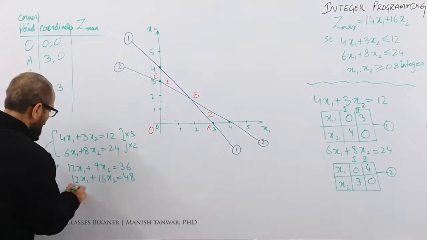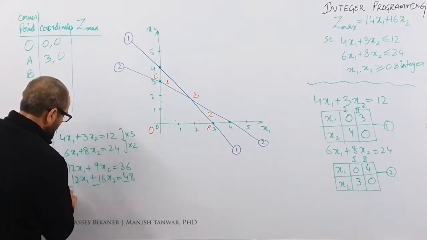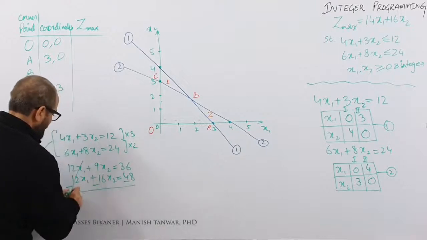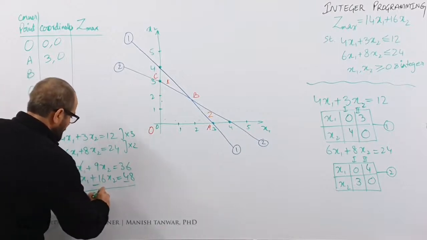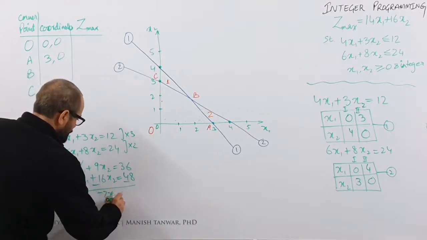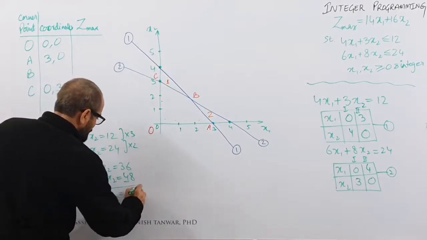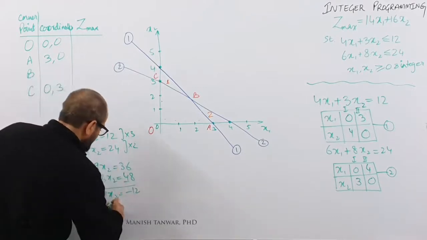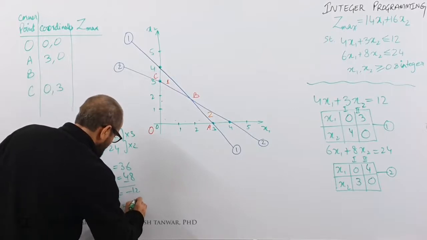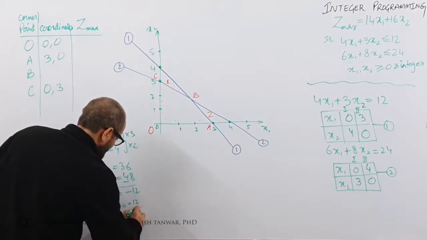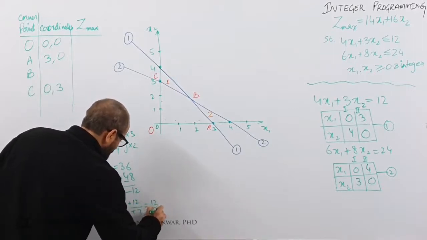Now these 12s are equal. Let me subtract one constraint from the other. These will cancel. This will become minus 7 x2 is equal to minus 12, so x2 is equal to minus 12 upon minus 7, making it 12 by 7.